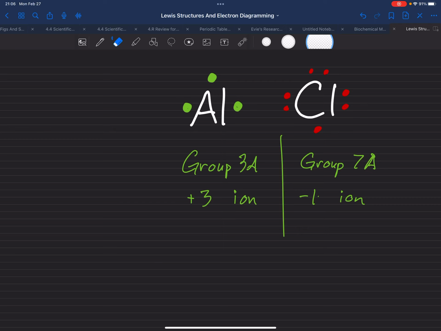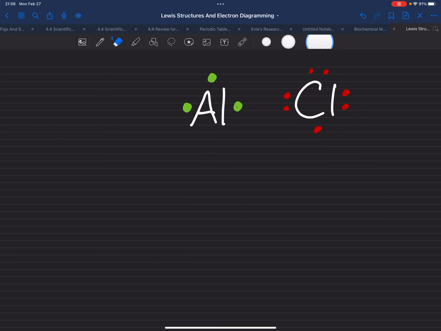Okay. So what we need to do, though, is first, as we said before, do the crisscross method. So we do the crisscross method here. And we do aluminum +3, chloride -1. Crisscross method takes the 3 down here, brings the 1 down here.